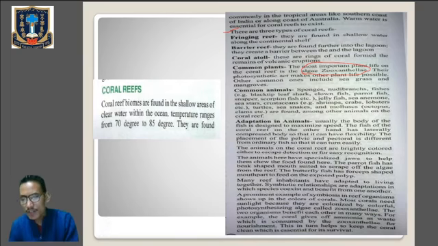Symbiotic association means two species live together and both are mutually benefited from one another. One of the most important examples of symbiotic association found in the coral reef habitat is the colors of the corals.